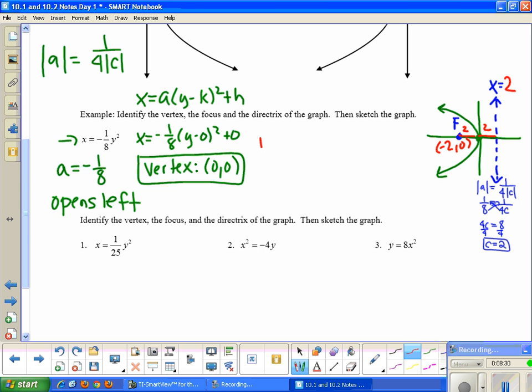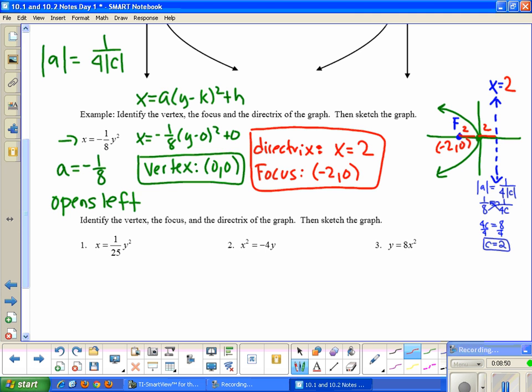So in this case, the directrix is x equals 2, and it's a line, so you have to write x equals. And my focus is at -2, 0, and it's a point, so you need to write it as a point. So this would be everything they need to know.